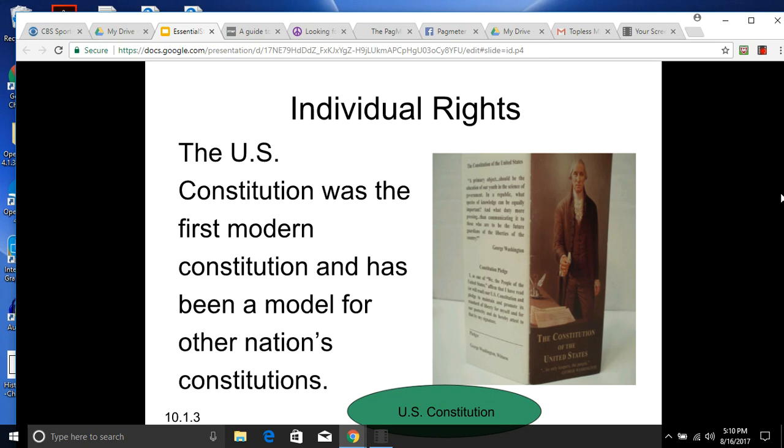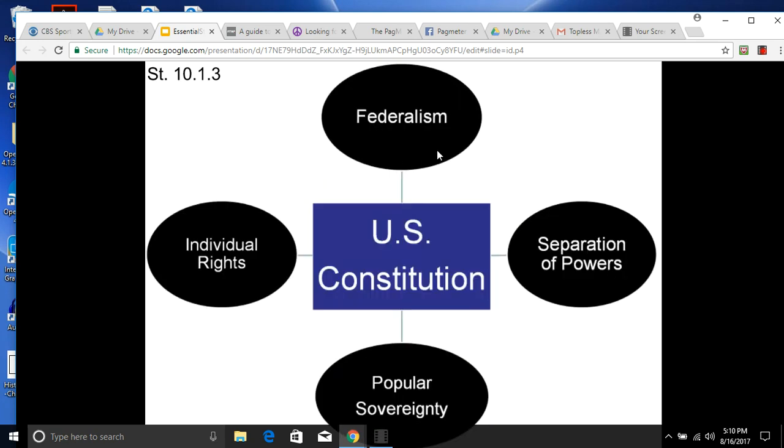So the United States Constitution was the first modern constitution and has been a model for other nations' constitutions. And it's got these characteristics. Again, these characteristics are federalism, the idea that power is shared by the national and state governments. You've got separation of powers, which is a further division of power within the national and state government.